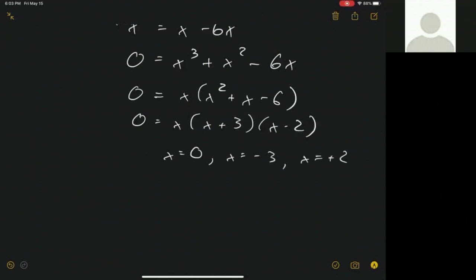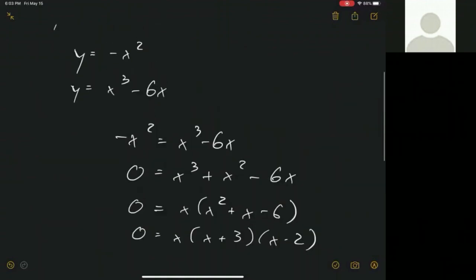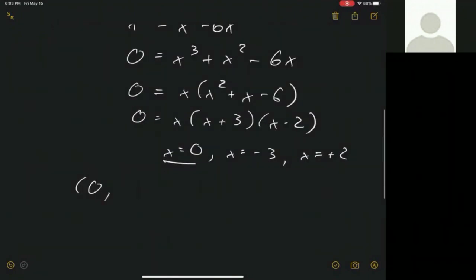Okay, so this gives me all the x coordinates. How do I find the points? Well, the points are going to look like this. I'm going to take x equals 0 and plug it into either one of these equations. So if I plug it into this bottom equation, I get 0 minus 0, so I get the point (0, 0).